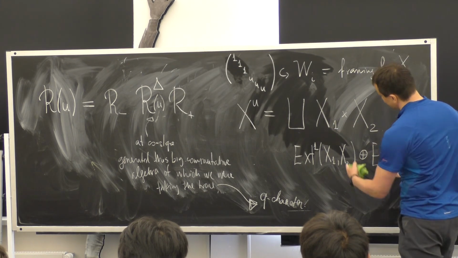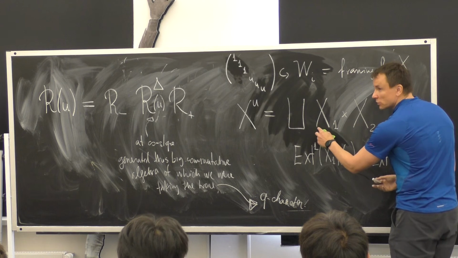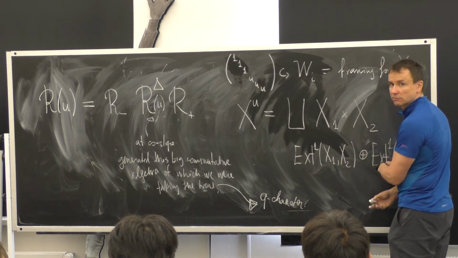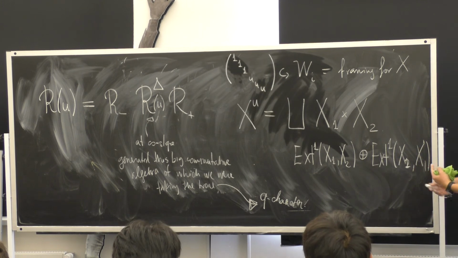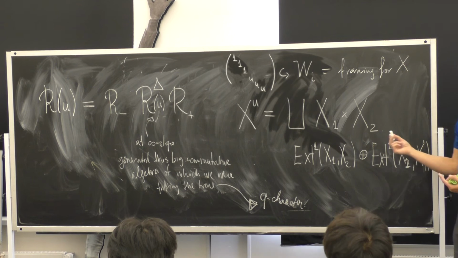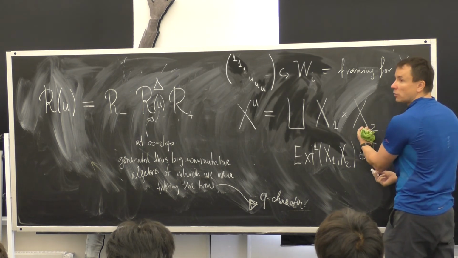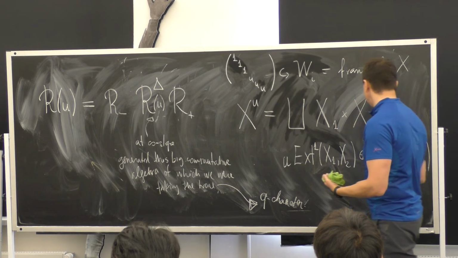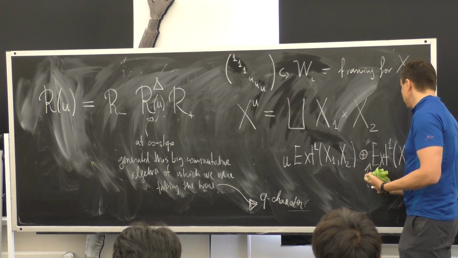These are moduli spaces of quiver representations. The way U acts on the fixed component just scales the second component by U. So this will have the weight U, and this will have the weight U inverse.